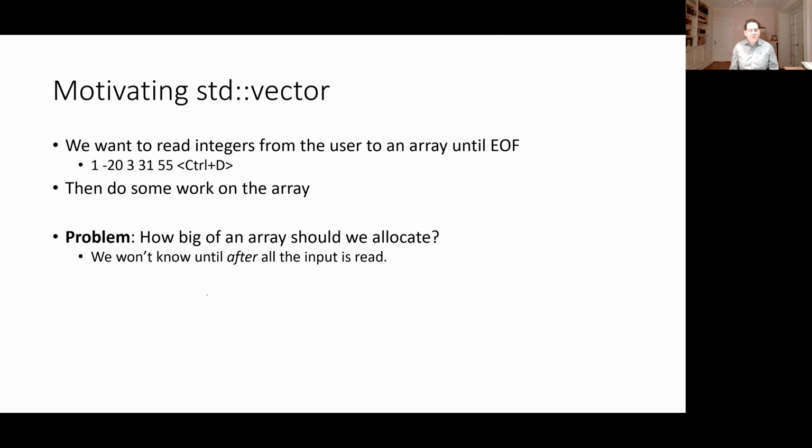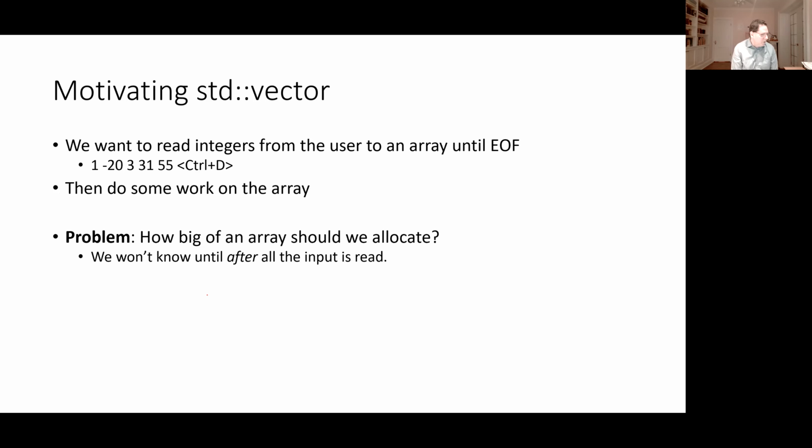So what do we do? We don't know how much storage we need until after the input is read. But the person's not going to go back and type it all again, right? We can't say, type all the numbers once, we'll count them, then we'll make an array, and then go back and type them again. We can't do that. So what can we do? There are ways you can solve this.